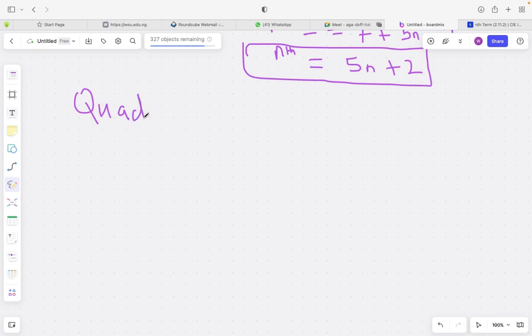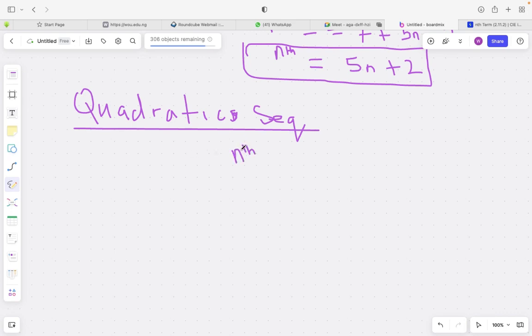Quadratic sequence is when the nth term is defined by a second level.